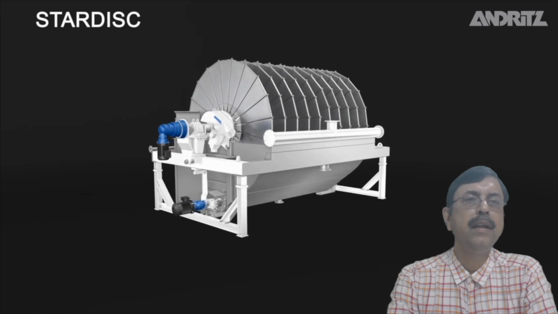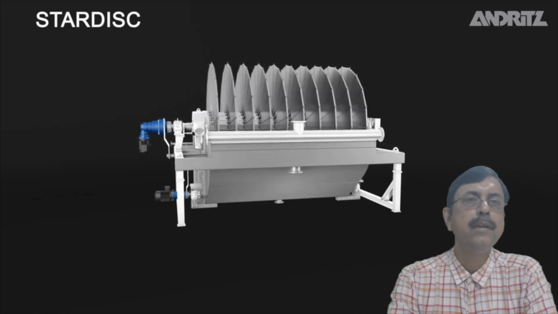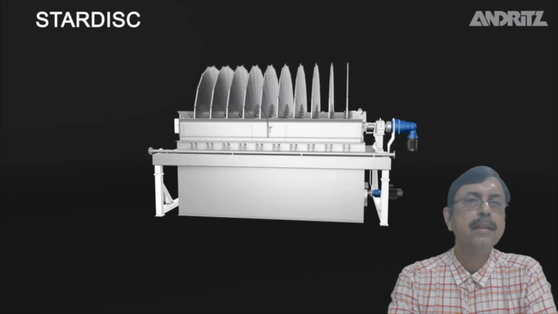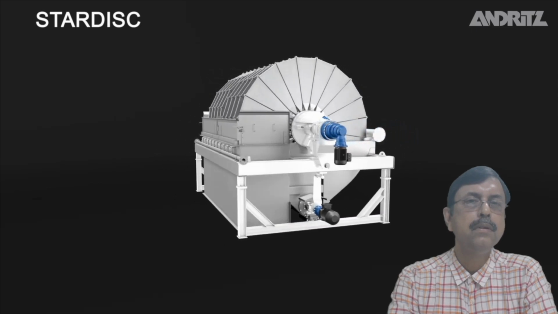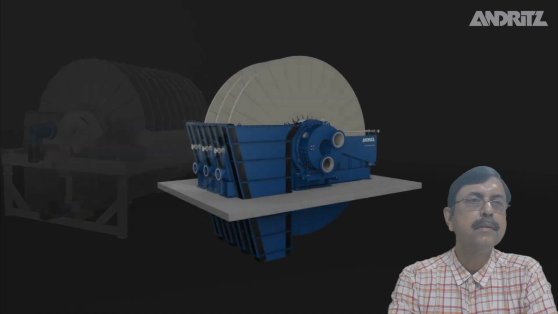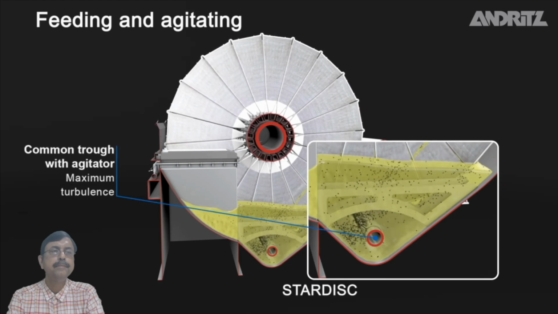This disc type filter is from Enrich company. You can see how they have been made. And all the discs are connected through an axial pipe, which is under vacuum. And you can see the segments. See how the feeding is done.